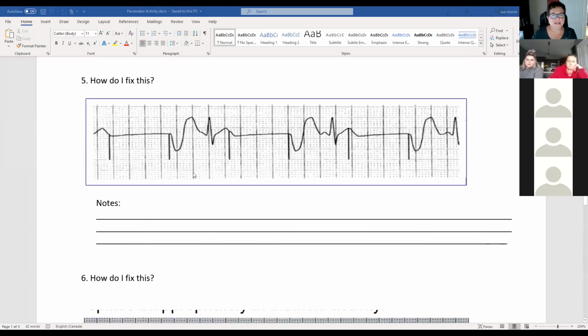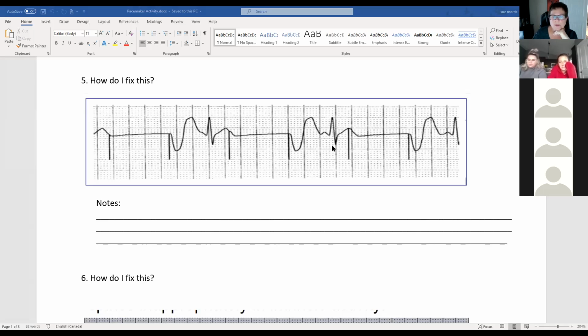How do I fix this device? What's wrong with it? First step is to see if it's sensing appropriately. Do you think it saw this QRS? No. Do you think it saw this QRS?